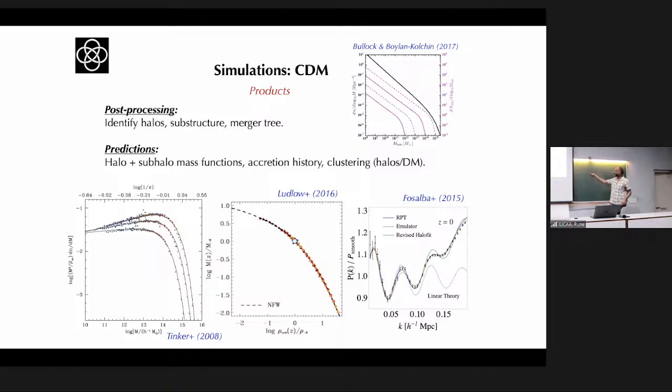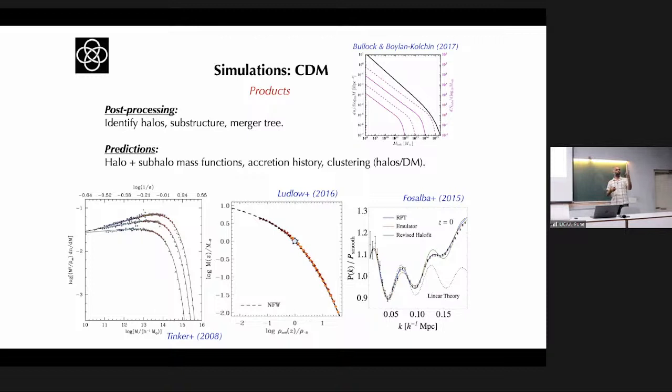Interestingly, the way in which this happens seems to be a universal function. Okay, so this is what people realized in the mid-90s, and it has been confirmed very robustly in simulations now, that for a wide class of halos, for any halo that you identify in your simulation, if you ask this question, I sit at its center and I calculate the density as a function of distance away from the center, this function is the same function for all these halos.